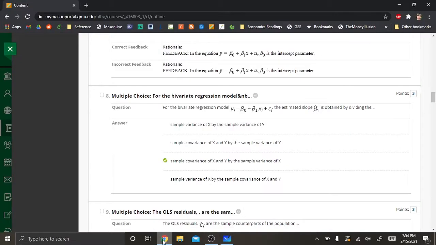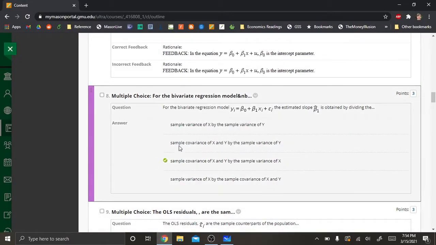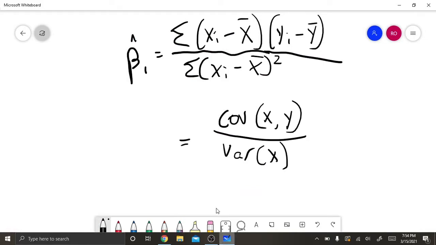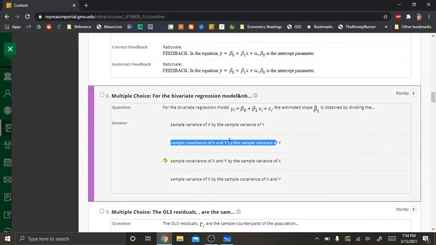Okay, so the answer to this one is C. A couple of people got tripped up and put B, but remember, looking at the denominator, this is the numerator from the formula for variance. So we want the covariance of x and y over the variance of x. So maybe some people remembered covariance over variance, but they forgot that it's the variance of x, not the variance of y.